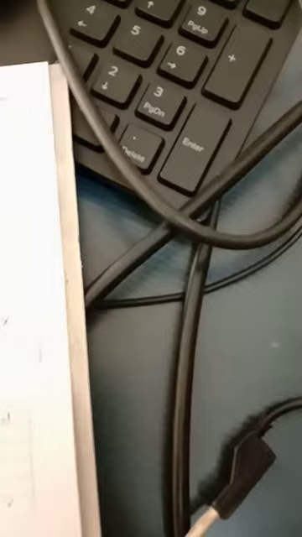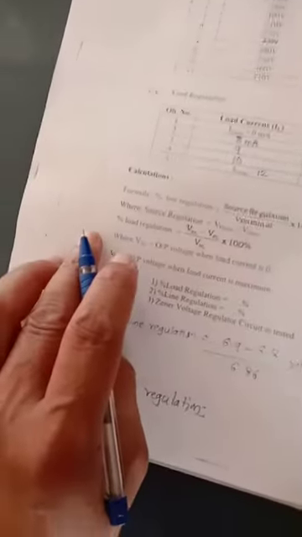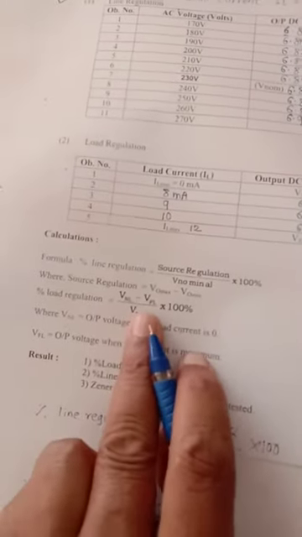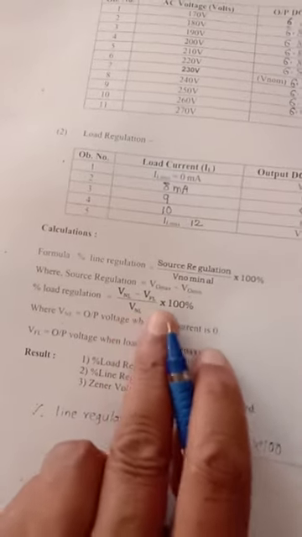Now how to calculate percentage load regulation? The formula is percentage load regulation is equal to VNL minus VFL divided by VFL into 100. See the second observation table.